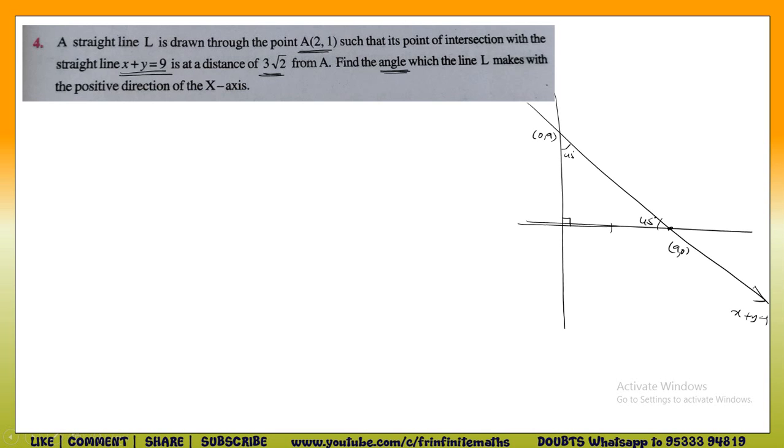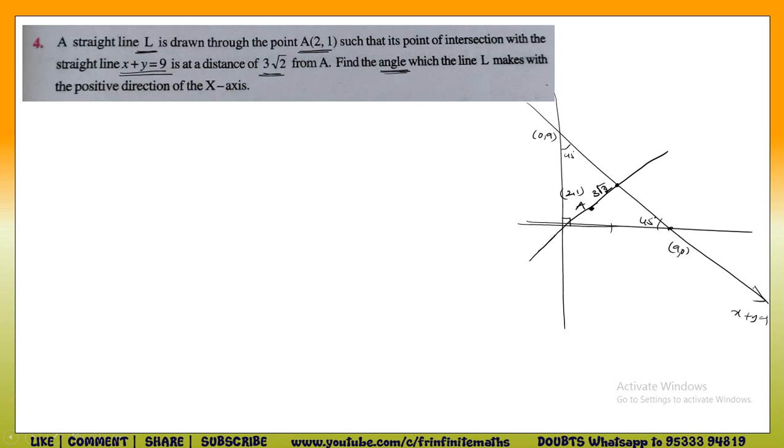He has given that a straight line L is drawn through a point A (2, 1). So suppose we consider this point as A. Such that its point of intersection with the straight line, so a line is drawn through this point which meets my line at this particular point, and this distance is given as 3 root 2 centimeters, and this point is given as (2, 1).